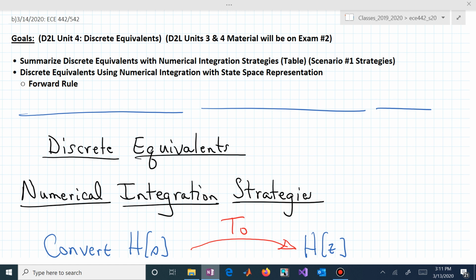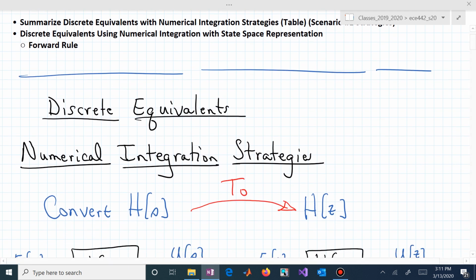And then we'll use those substitutions, the z expression substituting in for the s expression, in a state space representation structure, and see if we can then find the appropriate state space representation matrices for the discrete time discrete equivalents in a state space form.